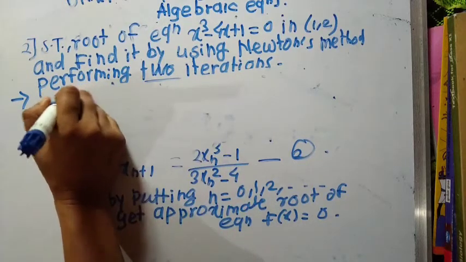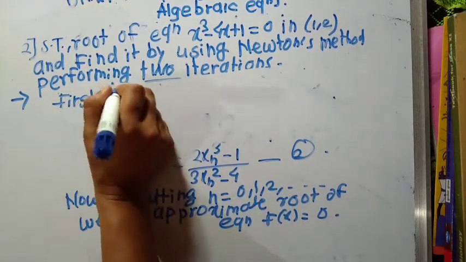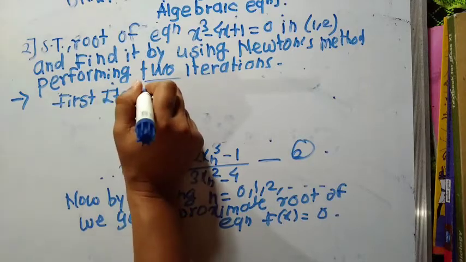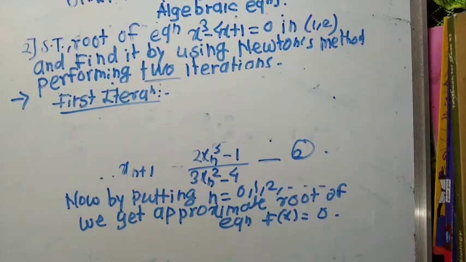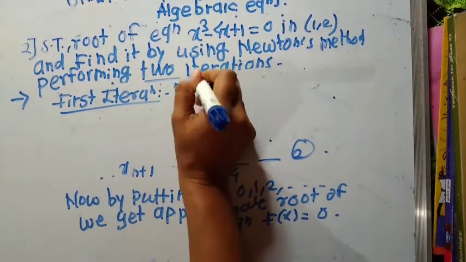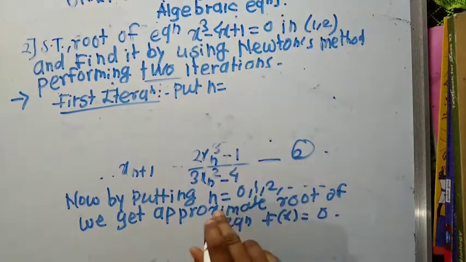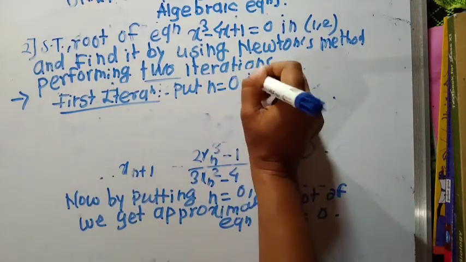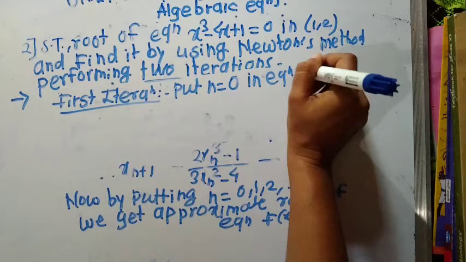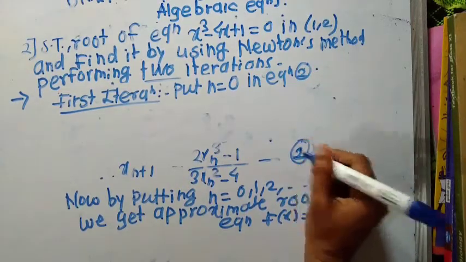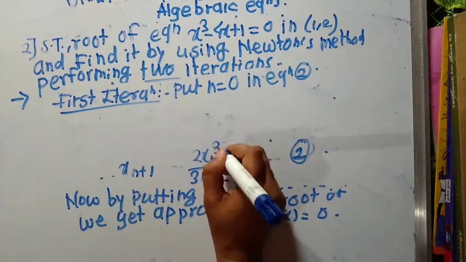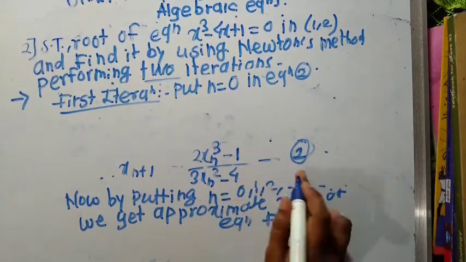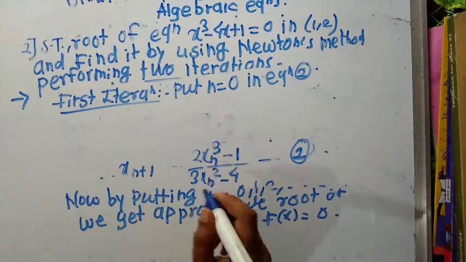So to find the first iteration, put n is equal to 0 in equation second.